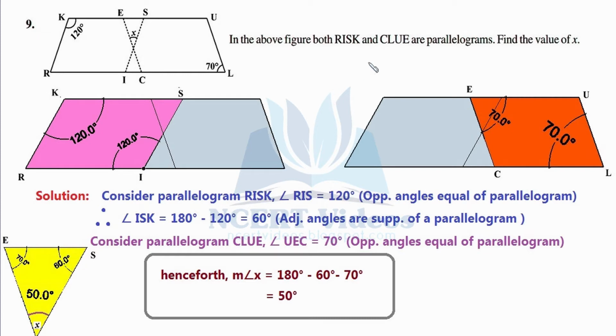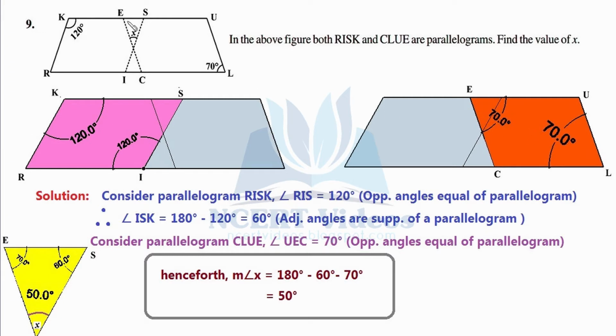Now we shall consider another parallelogram, namely CLUE, which we have represented in a different color. In this, we are given the measure of angle L equal to 70 degrees. Therefore, we have represented the same. Again, since opposite angles of a parallelogram are equal, the measure of this angle E will be equal to 70 degrees.